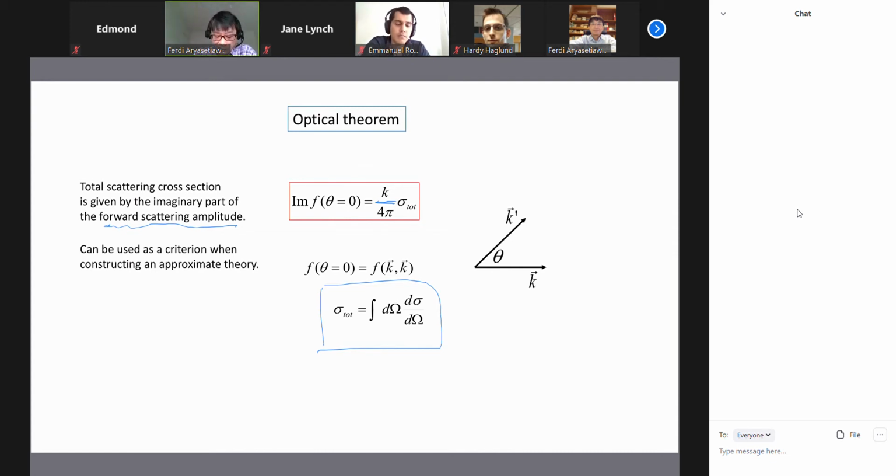At least to say if it satisfies the optical theorem, which is exact. So this theorem is exact. Then you have kind of good control of your approximation. So it can be used as a criterion when constructing an approximate theory. So it's useful.